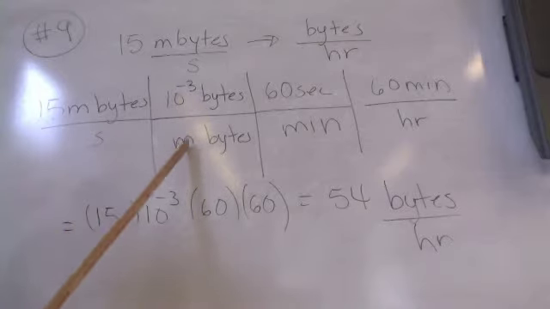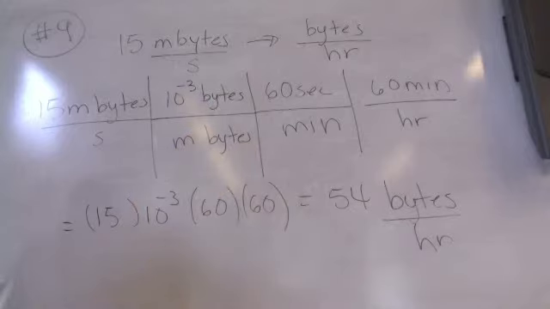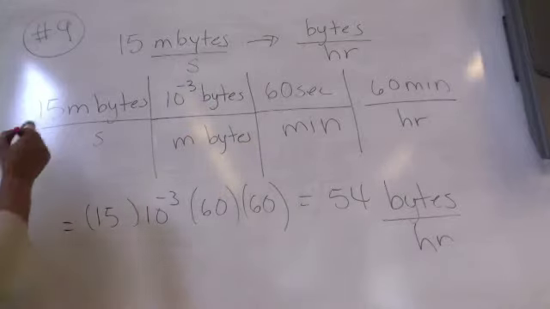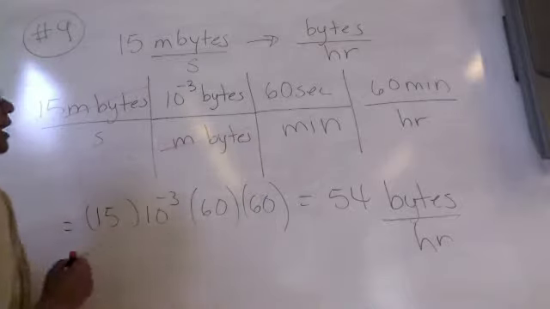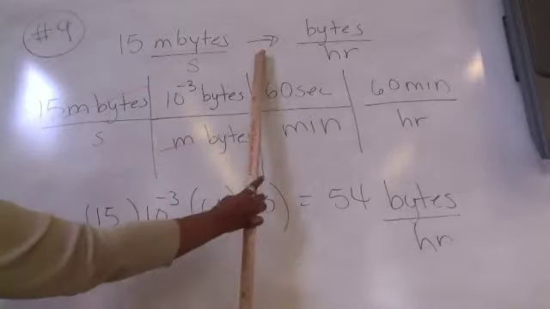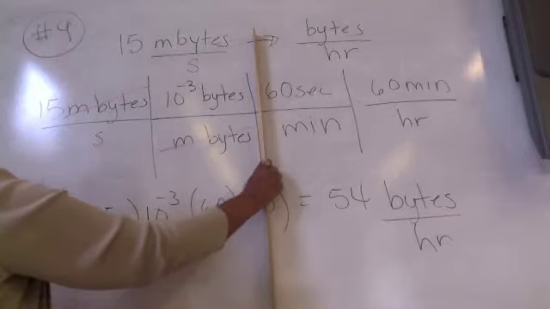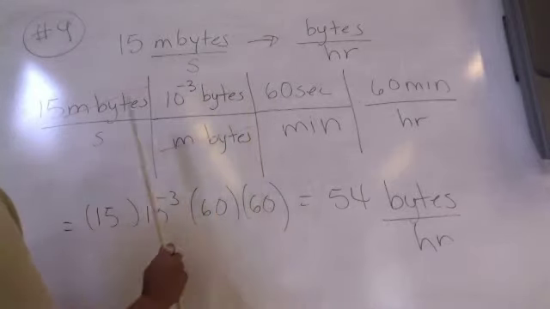So milli is substituted in up here, and it's done in such a way that the millibytes here will cancel out with the millibytes there. And so if I were to stop right here and do the calculation, the calculation would give me 15 times 10 to the minus 3rd bytes per second.